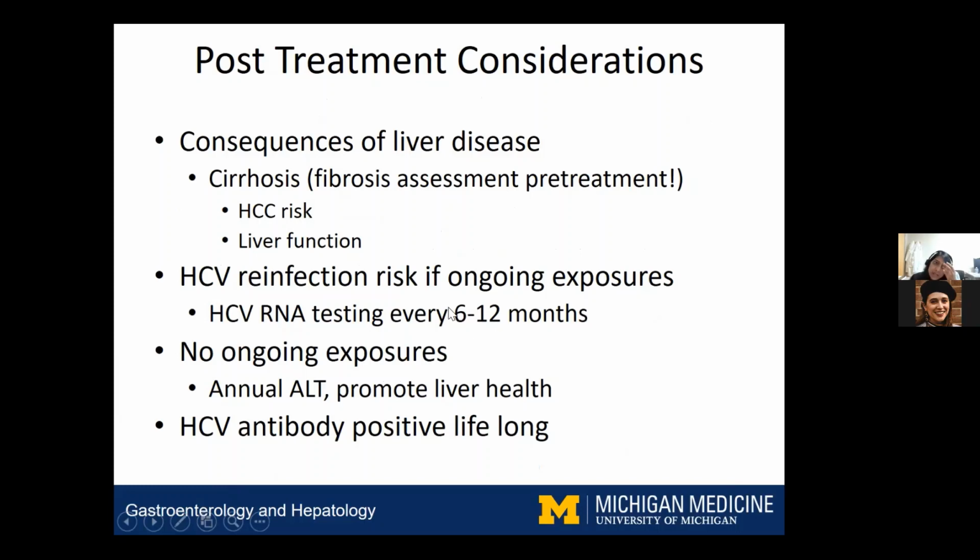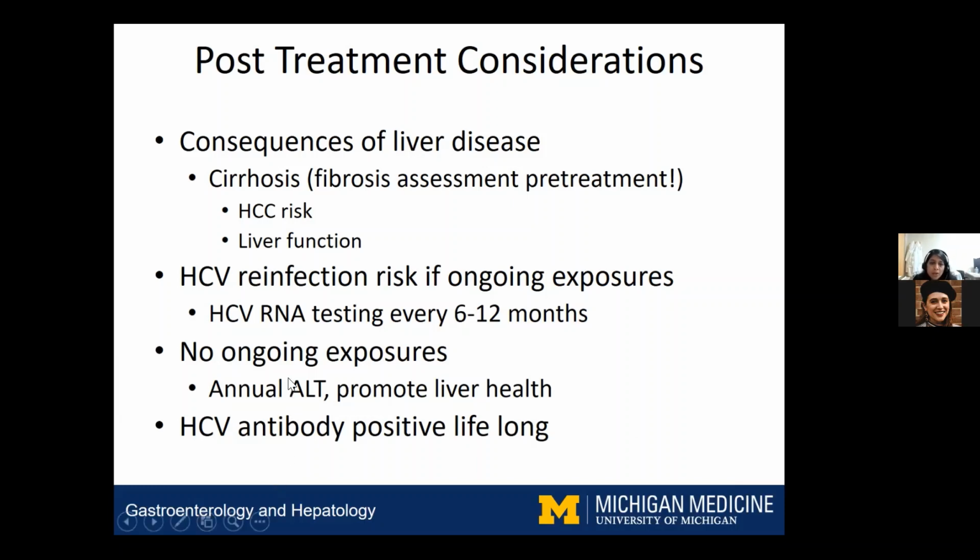And then some additional post-treatment monitoring expectations. Patients with cirrhosis are at risk for liver cancer and other complications related to liver disease and need to be monitored at least every 6 months. If you have ongoing reinfection risk, do a Hep C RNA even after they've been treated and cured, at least once a year, but 6 to 12 months in some of the other guidances.